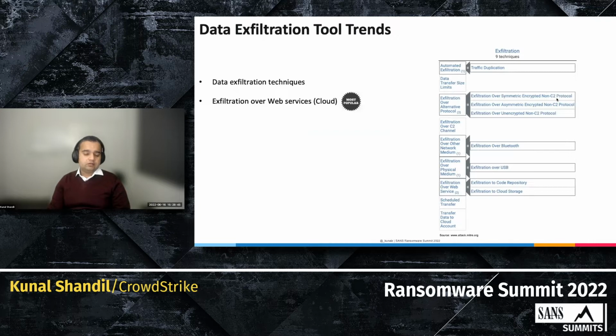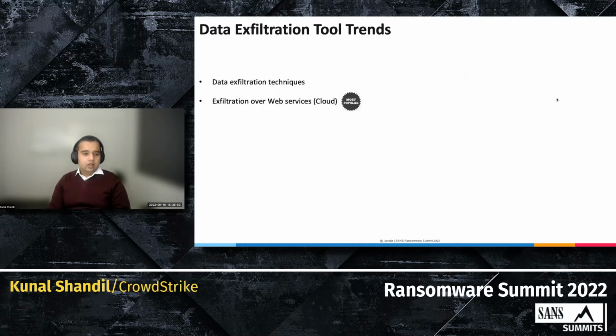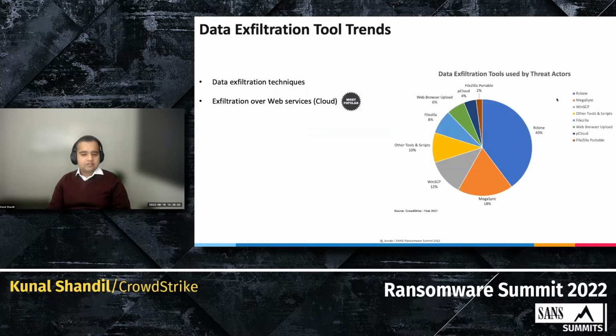Most of the time, outbound port 443 is open in the environment, and the threat actor leverages that to exfiltrate the data. In the last few years, I have experienced multiple different data exfiltration tools used by threat actors, and in this particular talk, we will be covering most of them.